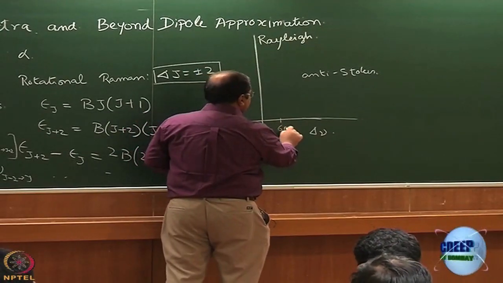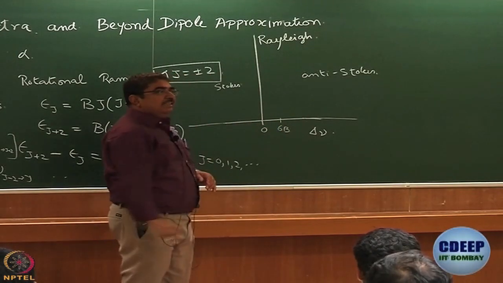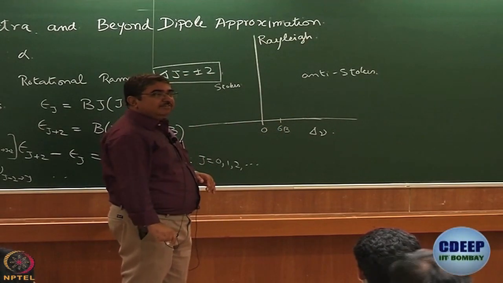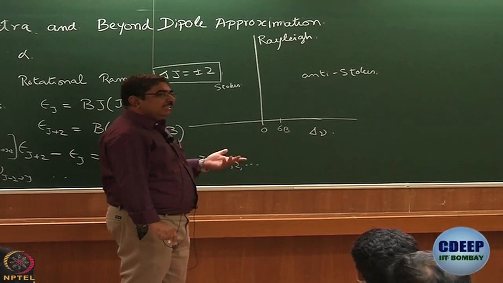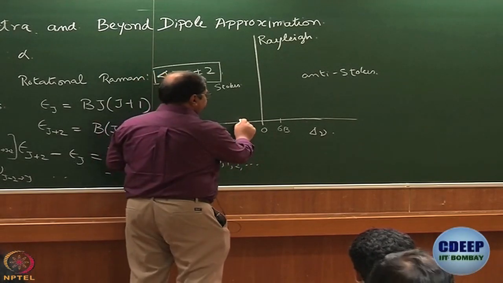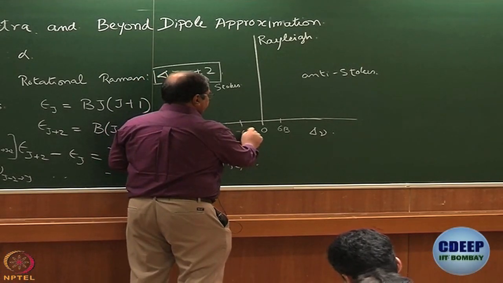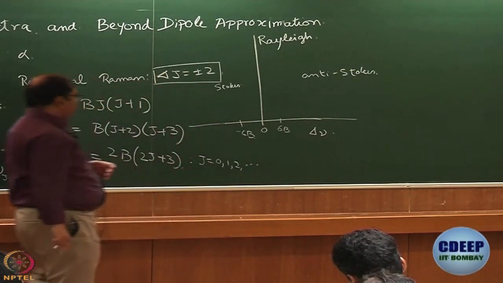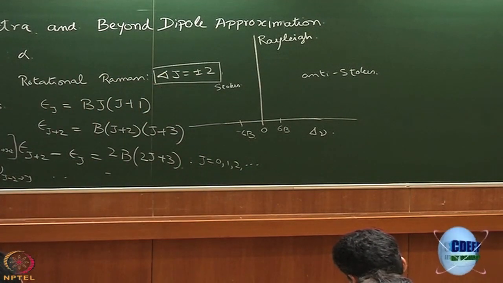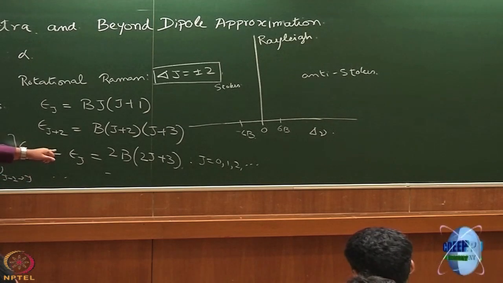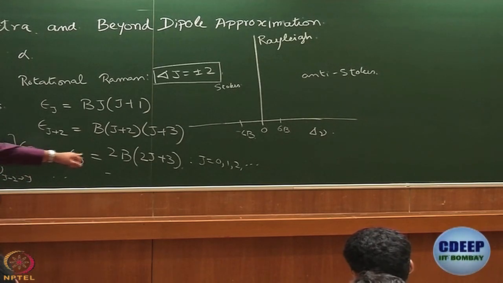(6B), and where will I get the first line in the Stokes side? Minus 6B. Where do I get the next line? 18B, 10B, yeah.